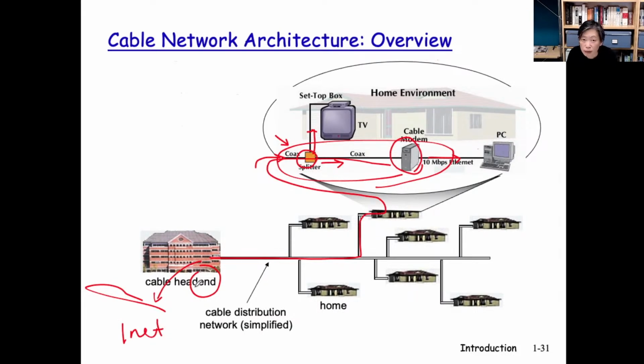Now, be careful here. There's only one cable here. If there are messages coming from this other household or this other household, they will all get merged onto this cable. These messages coming from the households will share the same channel and compete for the bandwidth there, unfortunately.